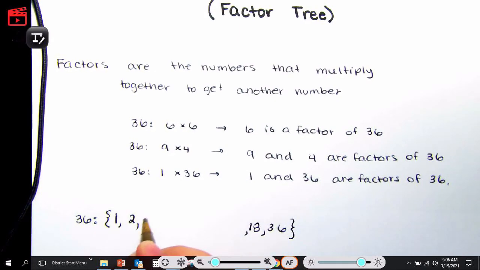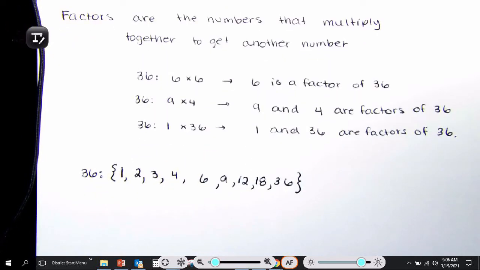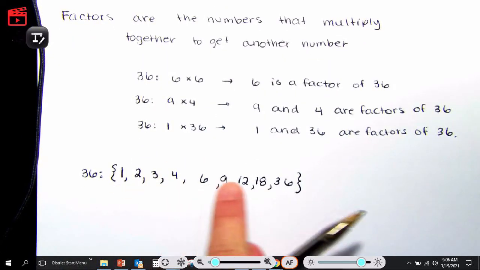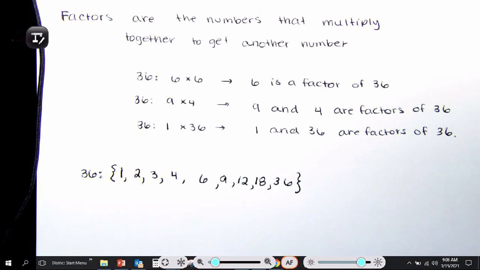Then 3 times 12 is equal to 36. 4 times 9 is equal to 36. And our last one is 6 times 6 is equal to 36, so we write that number once. So that means 36 has all of these factors, all of these numbers can go into 36 without a remainder.